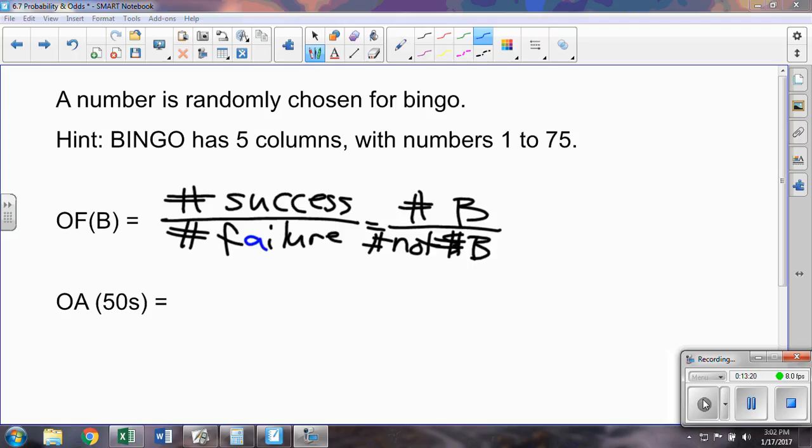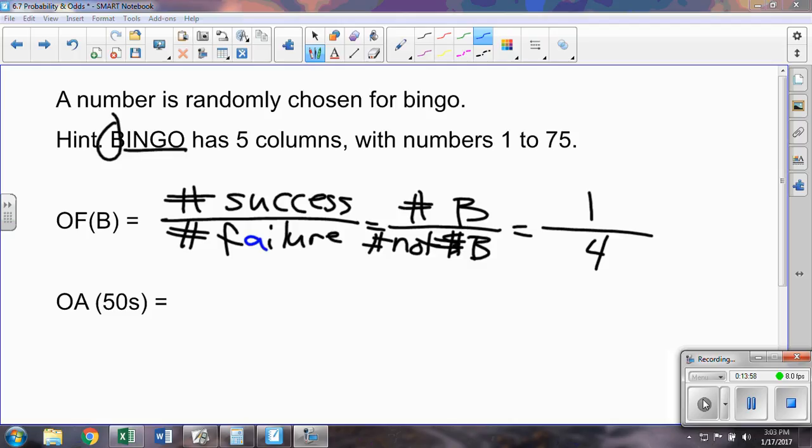Well, how many successes are there? How about right there? You get the B for bingo. One way. One letter. And your I-N-G-O, those are the other ways to get something that's not a B. So this one then is not a probability of 1 out of 5. It's the odds 1 to 4. Still based on counting, but instead of counting total outcomes, we're counting failures.